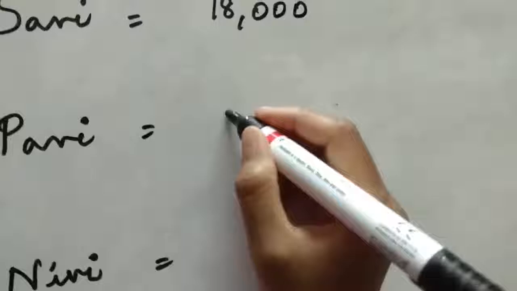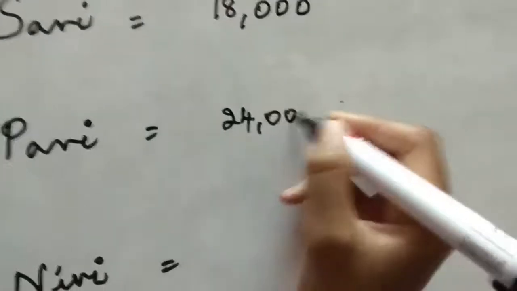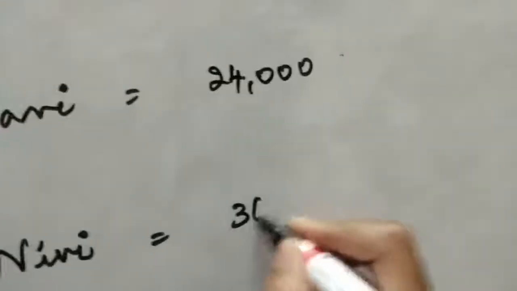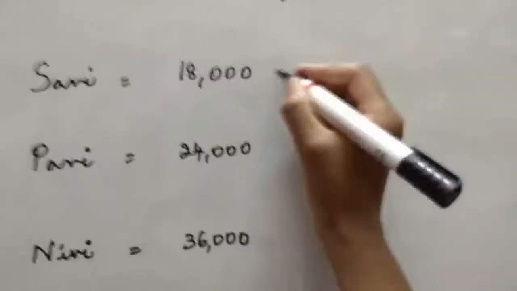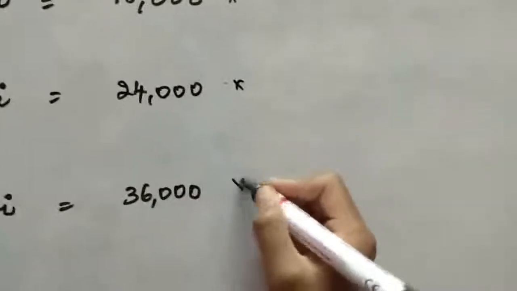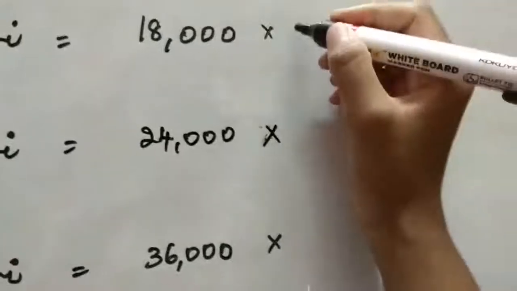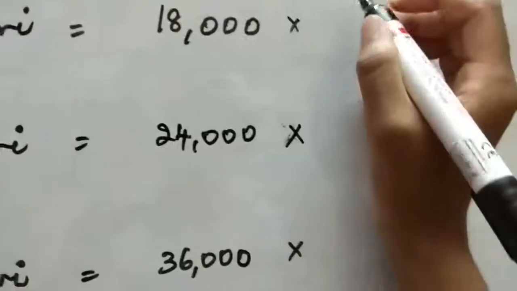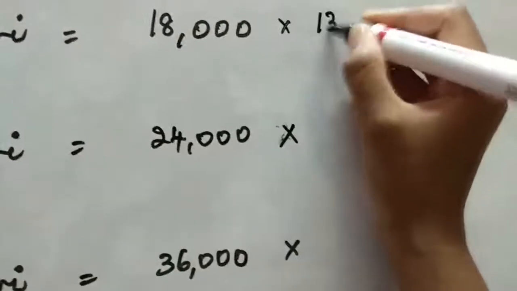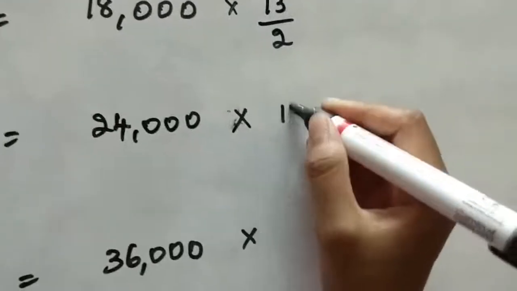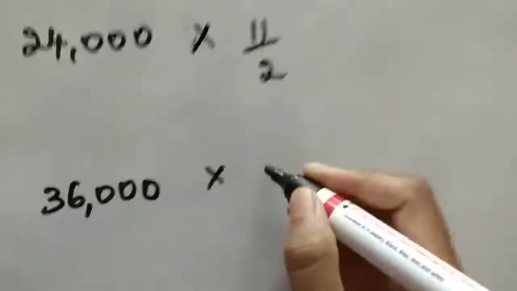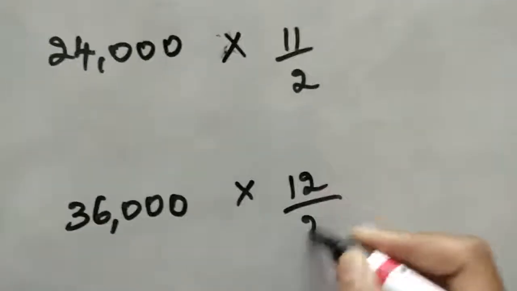Next Pavi 24,000, Nivi 36,000. Next average period for each partner that we have calculated. Already we have done it, so it's easy to copy and just write it down. So average period for Savi is 13 by 2, Pavi is 11 by 2, and Nivi is 12 by 2.